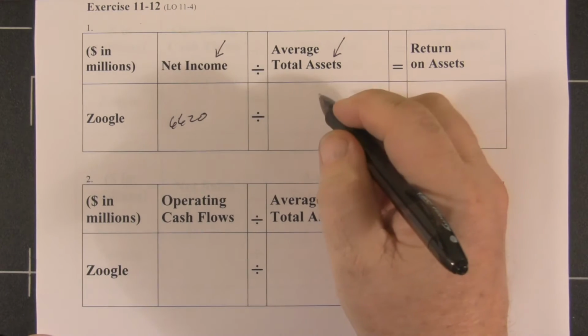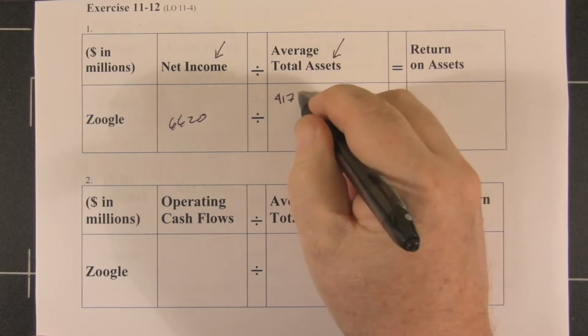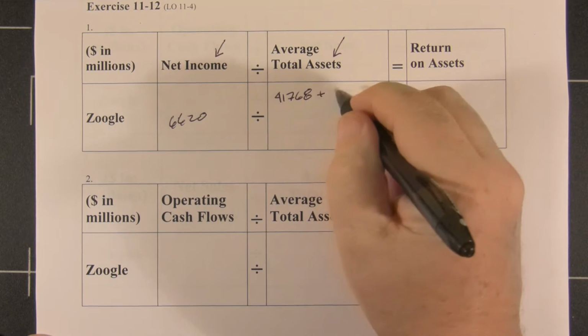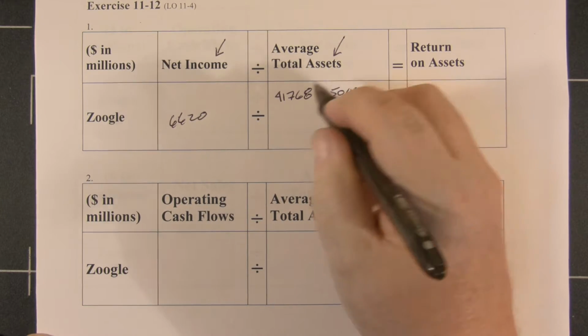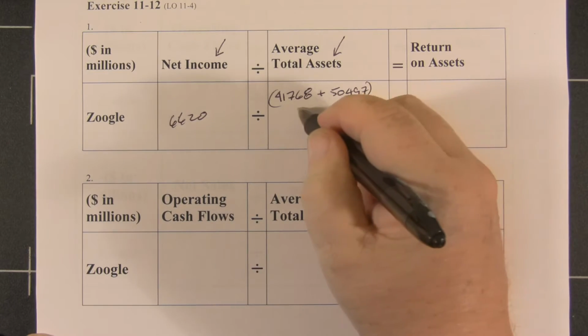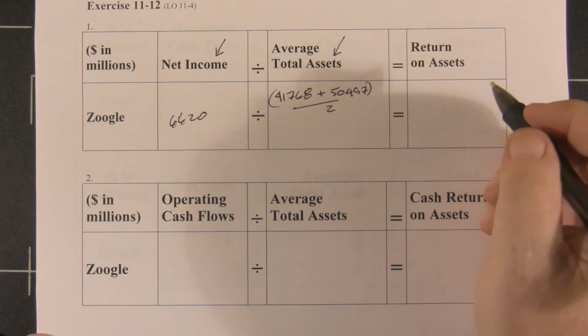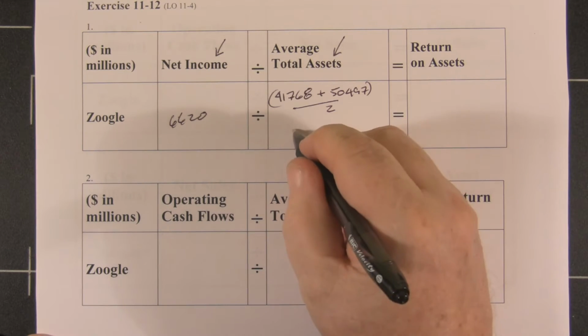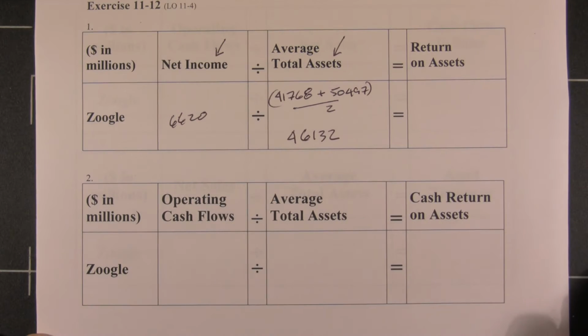So we take our beginning assets, 41,768, plus our ending assets, 50,497. Add those together, divide by 2, and we come up with our average assets of 46,132. And we'll use that number quite a few more times.